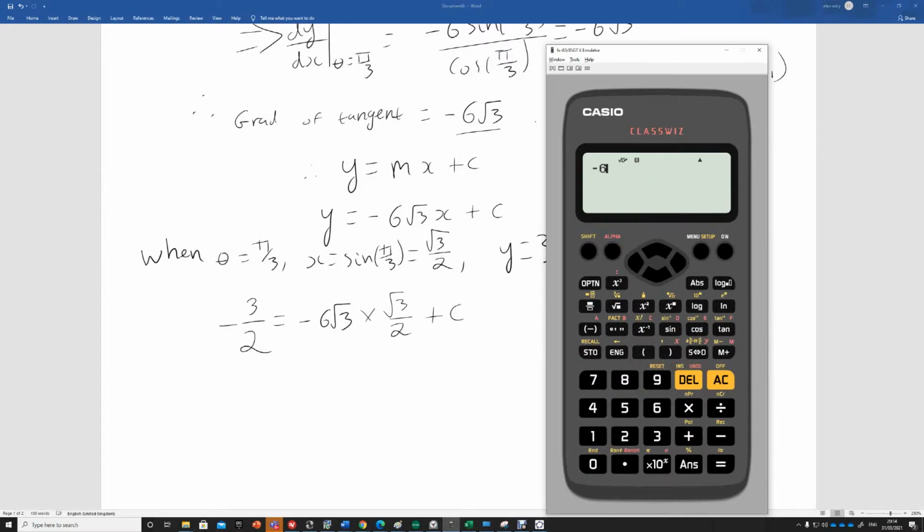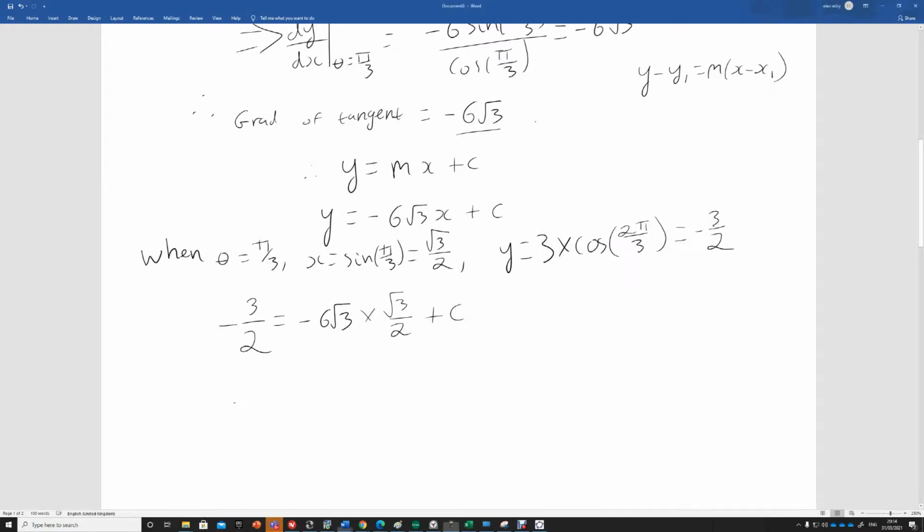So minus 6 root 3 times root 3 over 2, that would work fine, and you can see that's minus 9. So you end up with minus 3 over 2 is equal to minus 9 plus c. But just as easily, root 3 times root 3 is 3, 6 times 3 is 18, minus 18 over 2 is minus 9. Okay, so we have minus 3 over 2 equals minus 9 plus c.